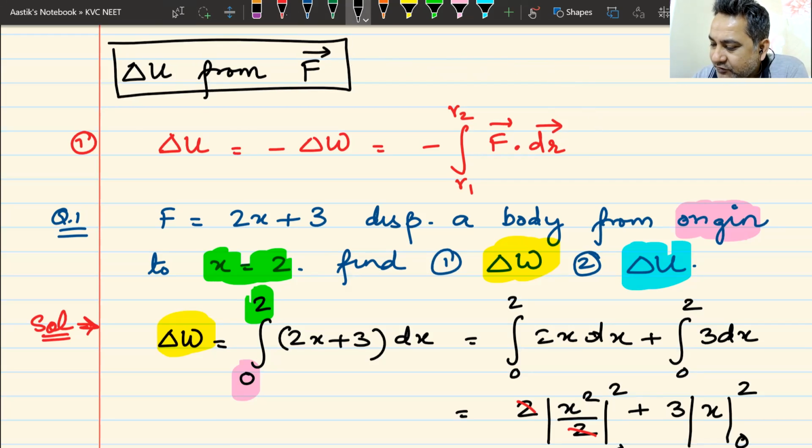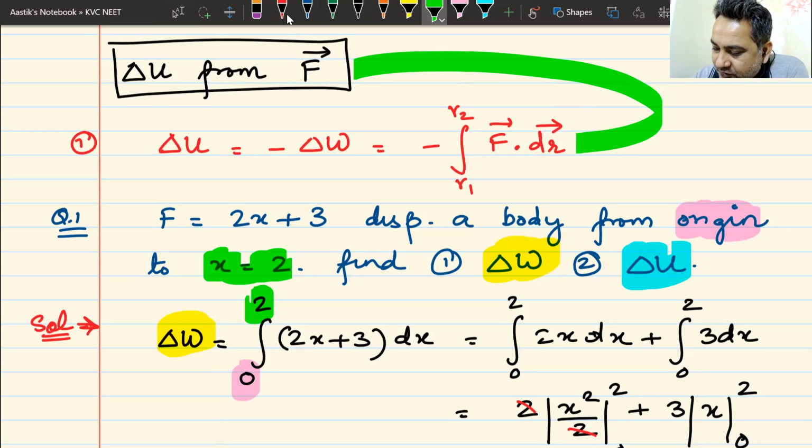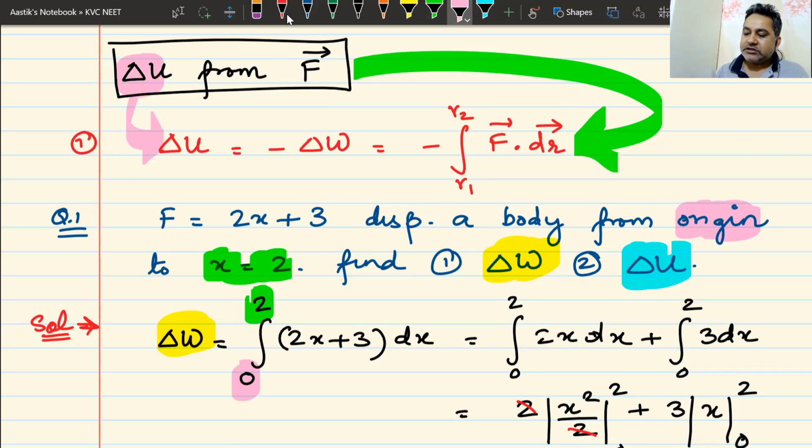You just integrate force, negative integral F dot dr, and that lands you with the change in internal energy. Force is given. To calculate change in internal energy, integrate, and that is how you get energy from force. From force to energy, integrate. As simple as that. Number 1.